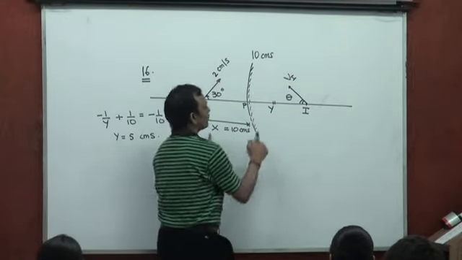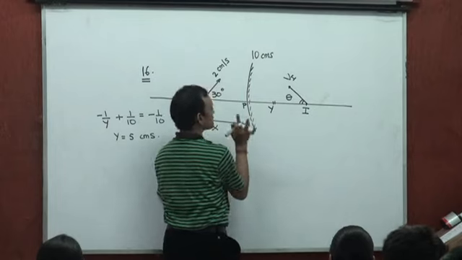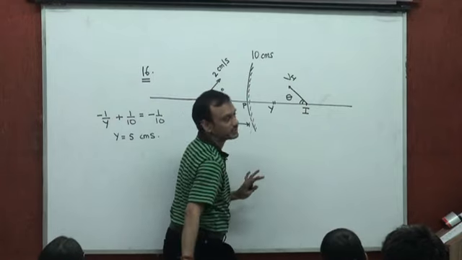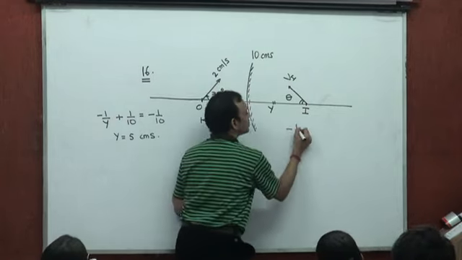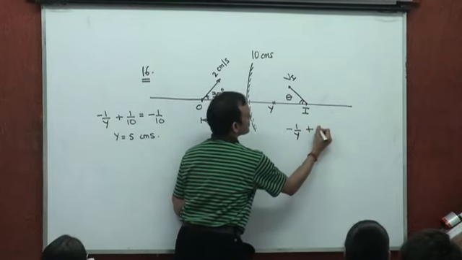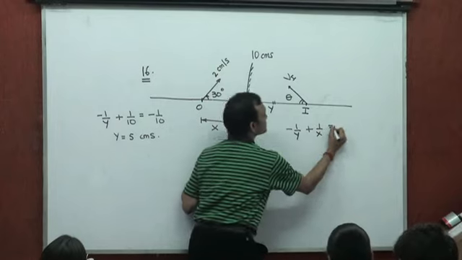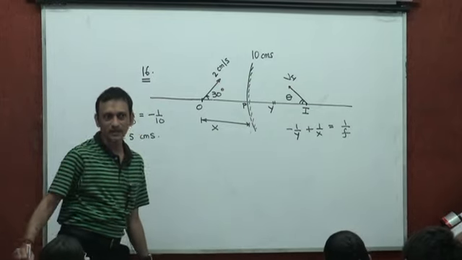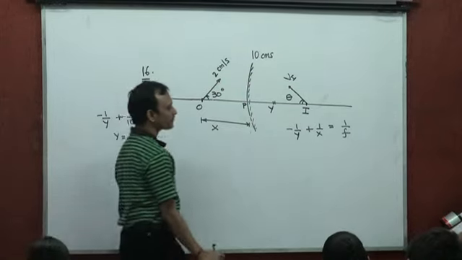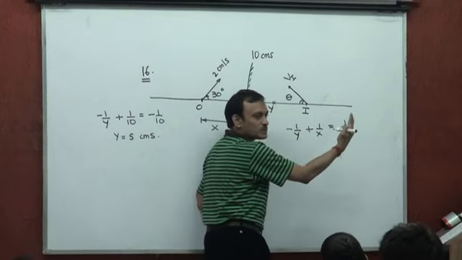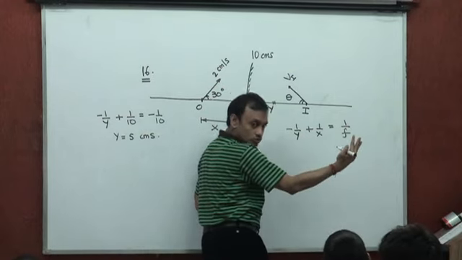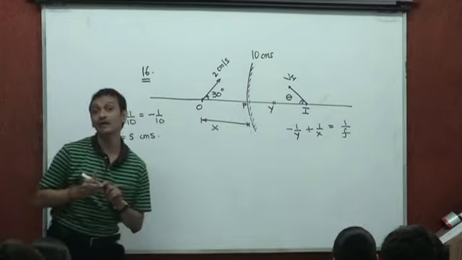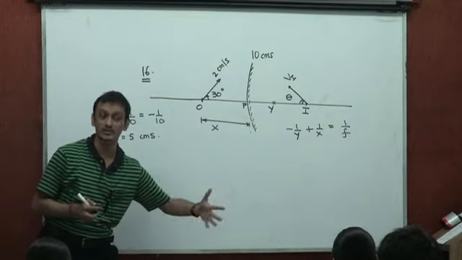Now, in general, forget x is 10 and y is whatever. When x and y are the magnitudes of the object distance and image distance, I can say minus 1 by y plus 1 by x is 1 by the algebraic focal length. Let me differentiate both sides with respect to time, where x and y are the magnitudes of the object and image distance for a virtual image formation here.